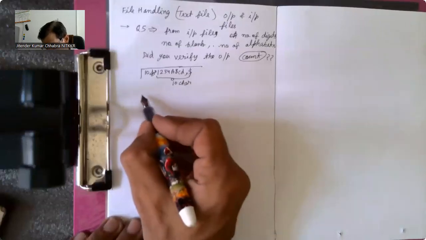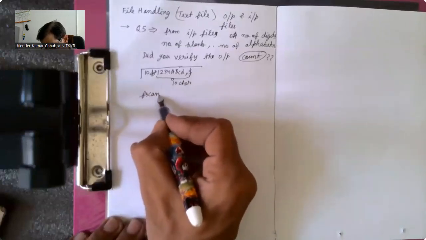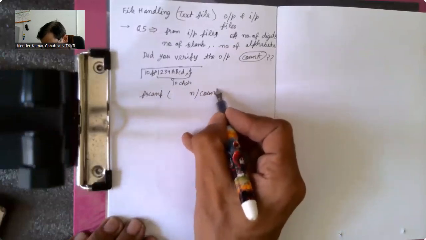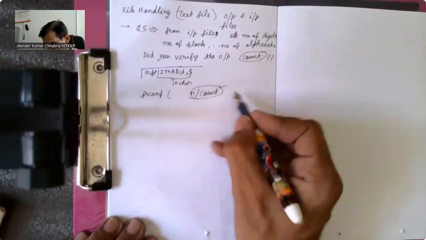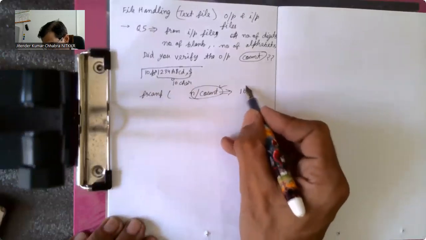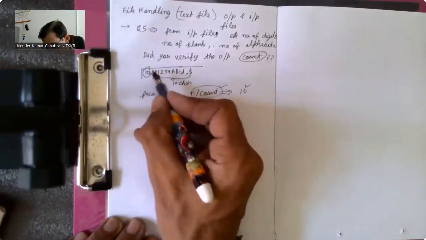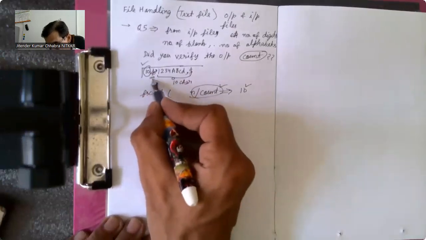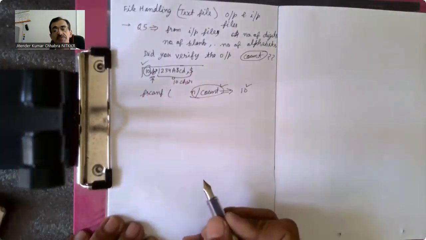But when you did fscanf for N or count, whatever you have read, this reading happened correctly. Perfect. 10 was read correctly. After that, the internal cursor is at this position.